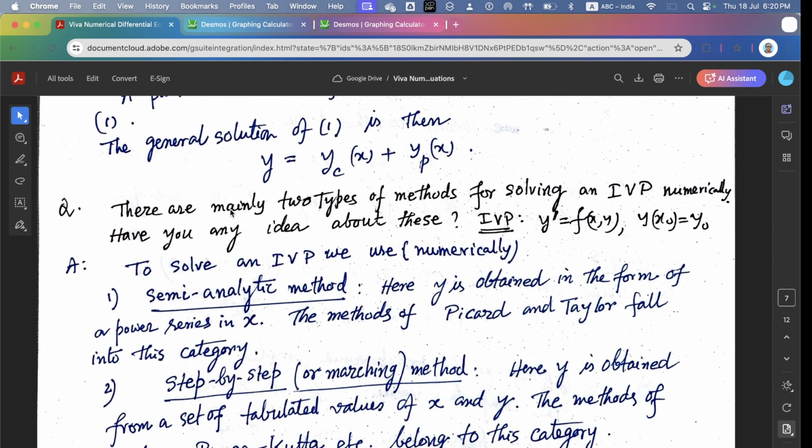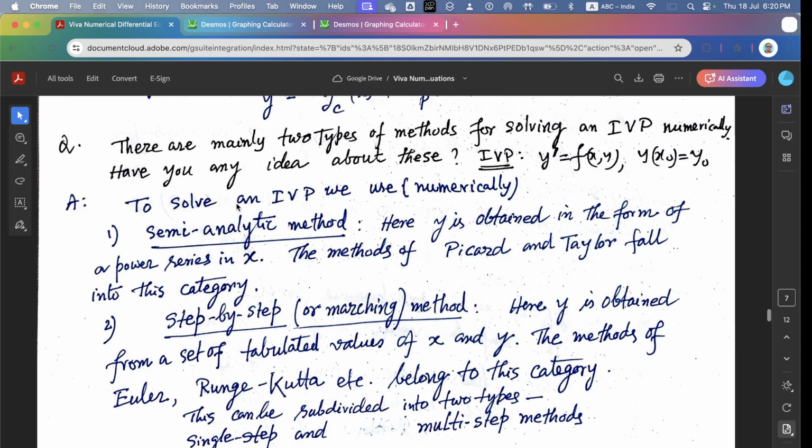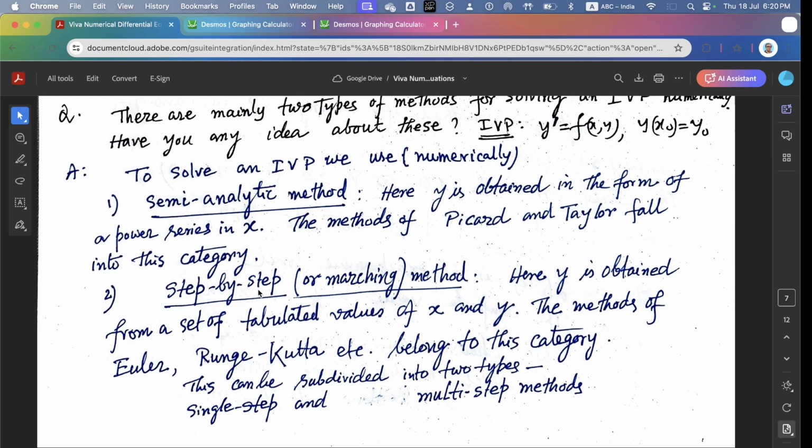Next question: there are mainly two types of methods for solving an initial value problem numerically. Have you any idea about these methods? We have the initial value problem dy/dx = f(x,y) and y(x0) = y0. To solve this numerically, we use the semi-analytic method and the step-by-step method.